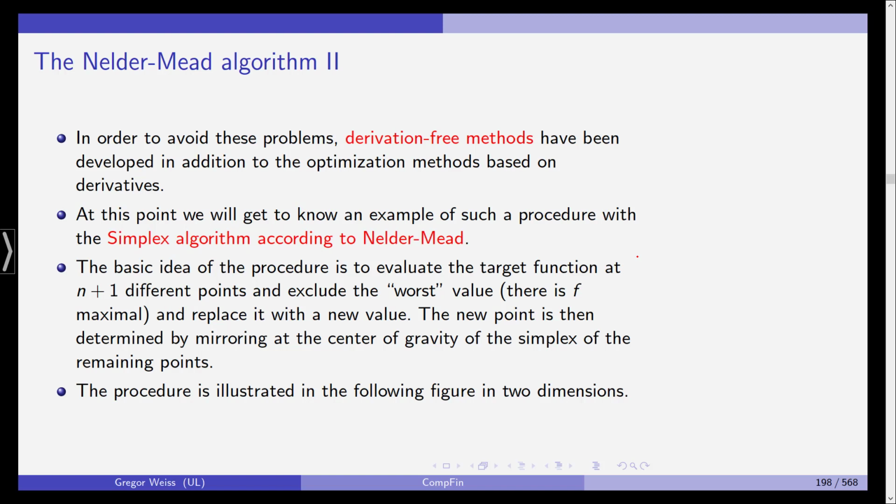If the new point is better, then include it. If it's not better, exclude this one as well. The new point is then determined by mirroring this point at the center of gravity of the simplex of the remaining points.